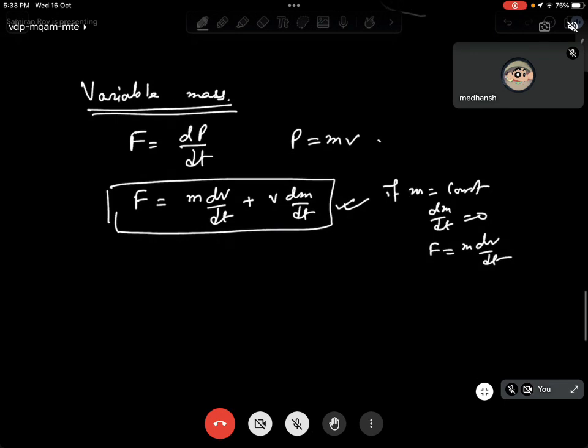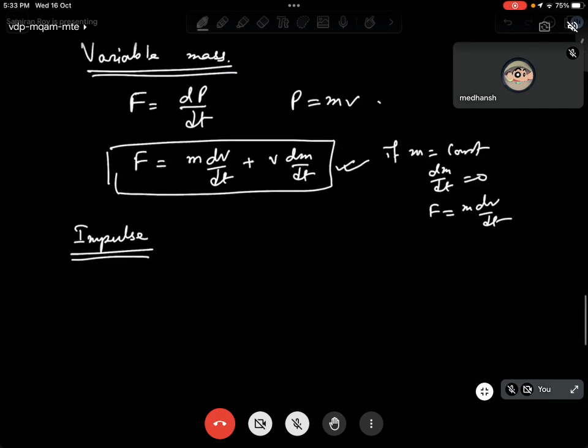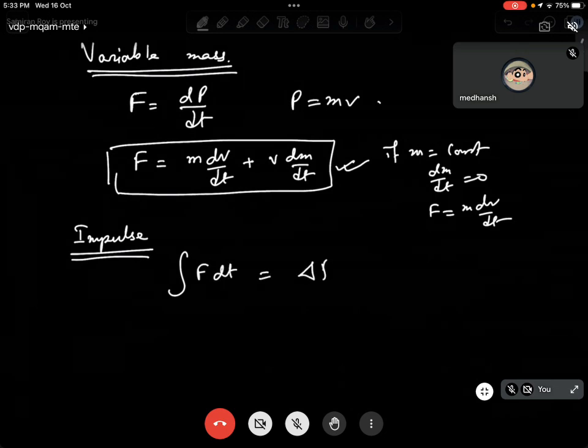Tell me, what will be the impulse? Impulse will be the change in momentum. Impulse can be written as the integration of f dt, that is equal to delta p, the change in momentum.